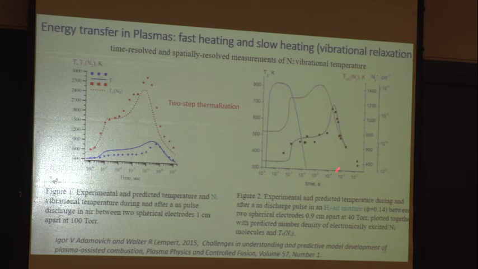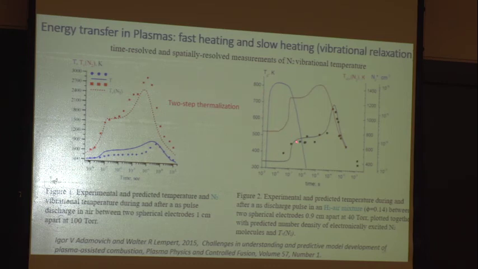So this is another computation and measurement, basically showing you that the blue one is probably the electric field, and then nitrogen excitation. And this one is vibrational, this one static. You can see that during the peak of nitrogen electronic excitation, and then you can see the decay and the temperature rise.